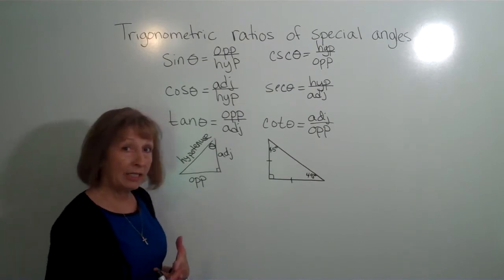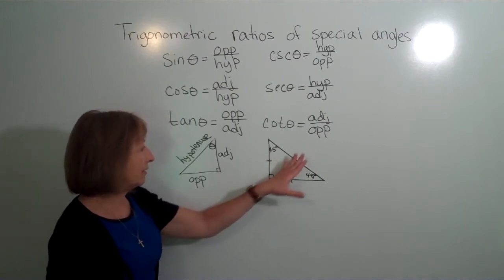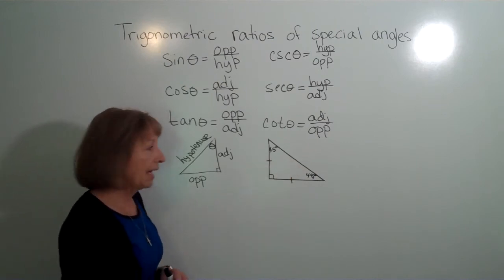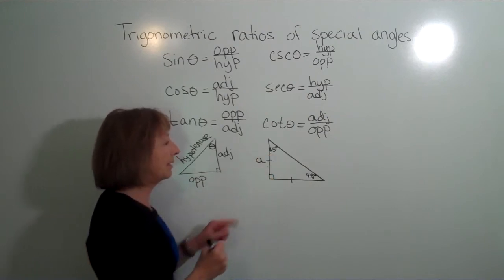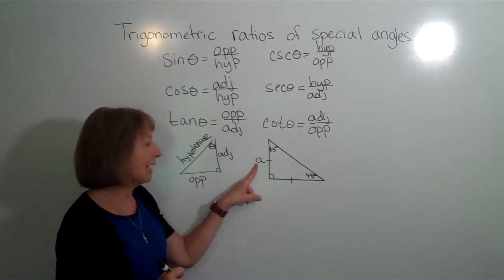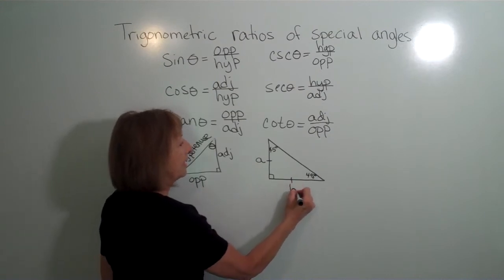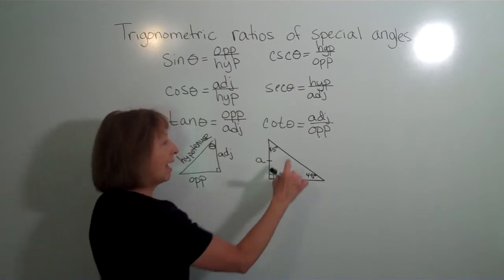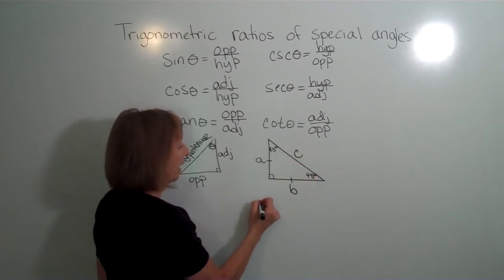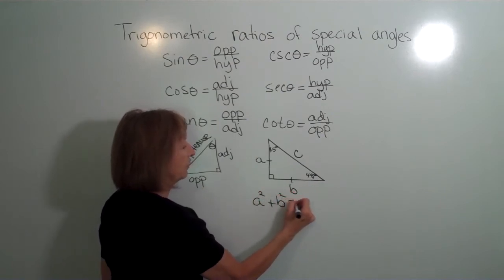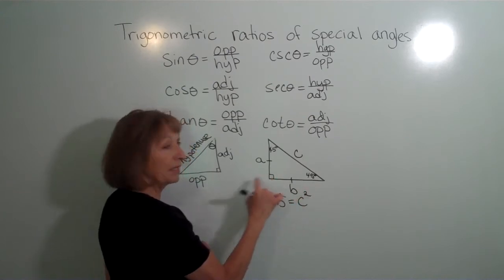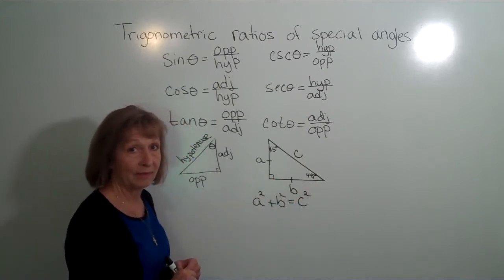So if we look at this whole setup, normally we would say that one leg is A, the other leg is B, and the hypotenuse is C. I know that A squared plus B squared is equal to C squared just because it's a right triangle.